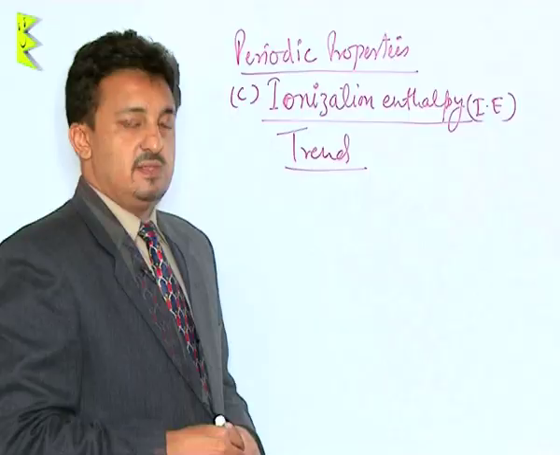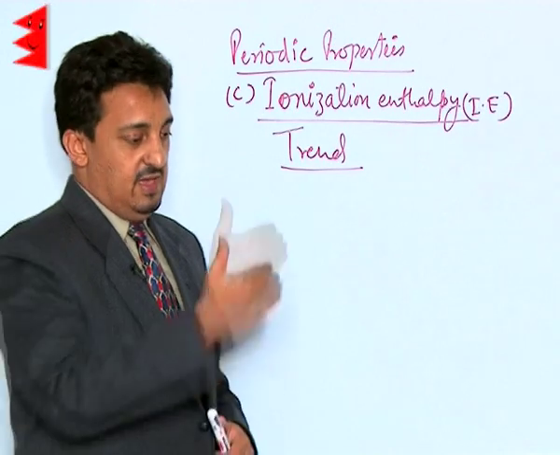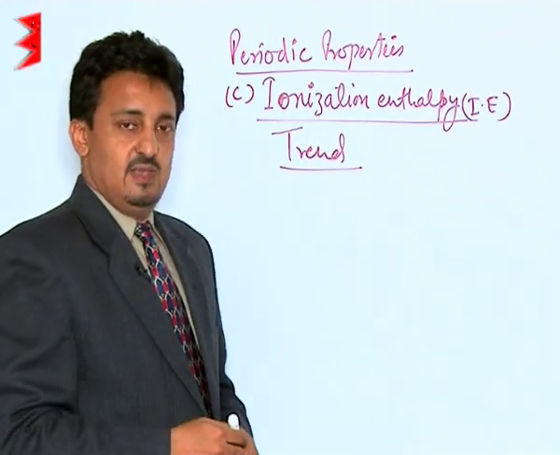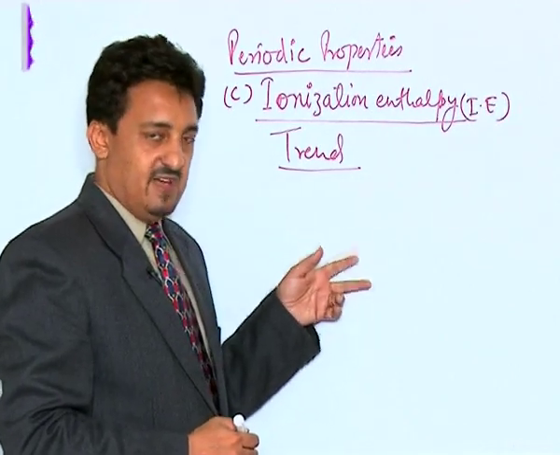The trend of the ionization enthalpy or ionization energy in a group can very easily be predicted on those two factors which we have discussed.